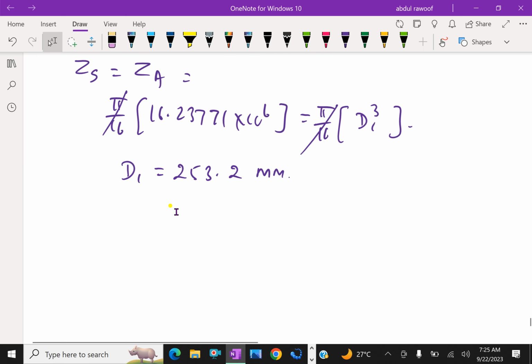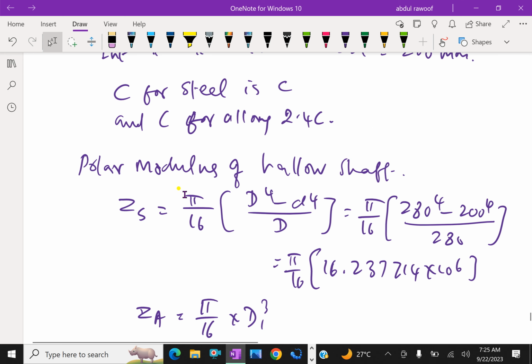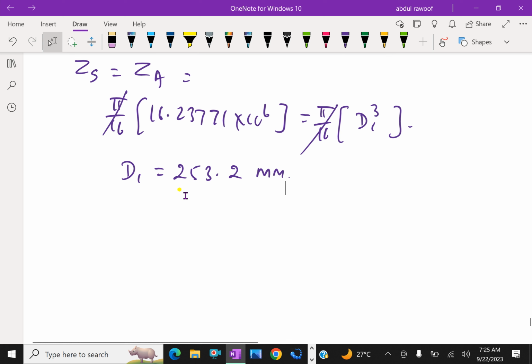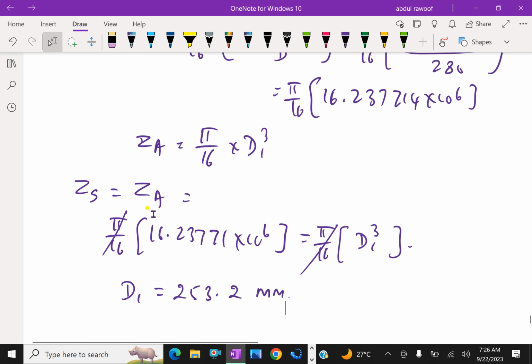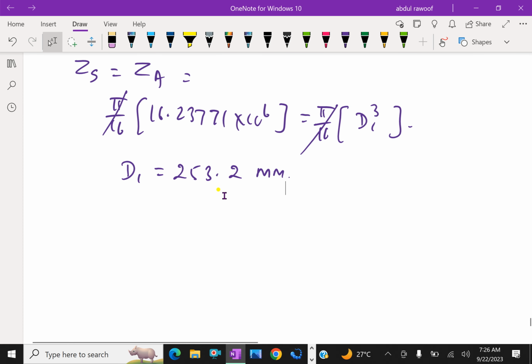So the first thing asked is to calculate the diameter of the solid shaft. The diameter of the solid shaft is 253.2 mm.